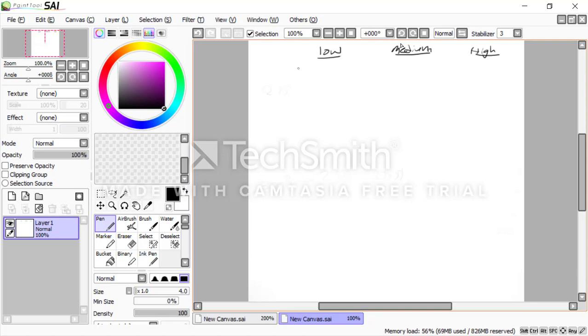Now I'm going to be looking at volume, unit contribution, total contribution, fixed costs, and profit.